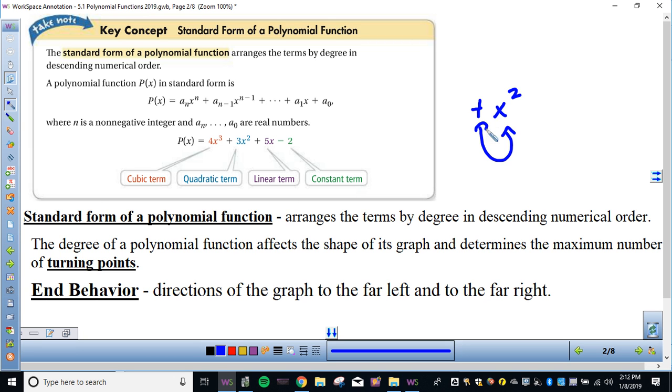So positive quadratic would be what? Up or down? On the left, it's up, and on the right, it's up. Easy, right? So if I look at a positive quartic, what's the end behavior? Up, up. Negative quartic? Down, down. So you got to say both ends, the left and right end.